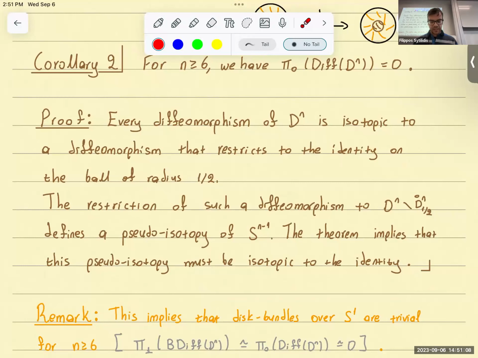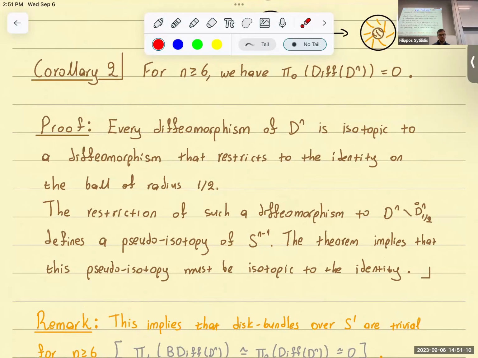Diffeomorphism groups of disks are very, very interesting. I just want to say a couple of words here, because one of the reasons that makes this fairly approachable is that we are talking about diffeomorphisms without any restrictions.